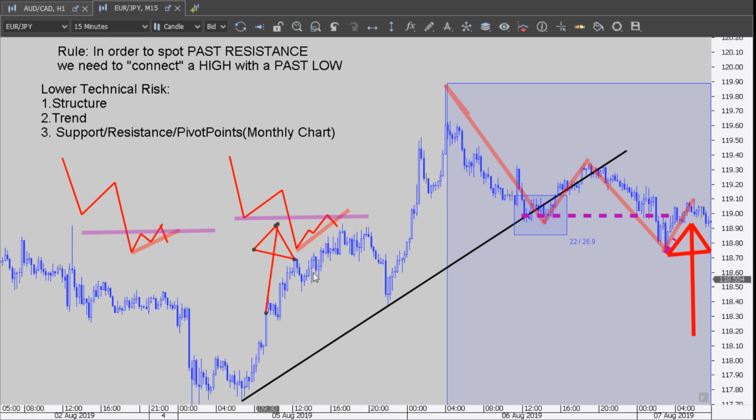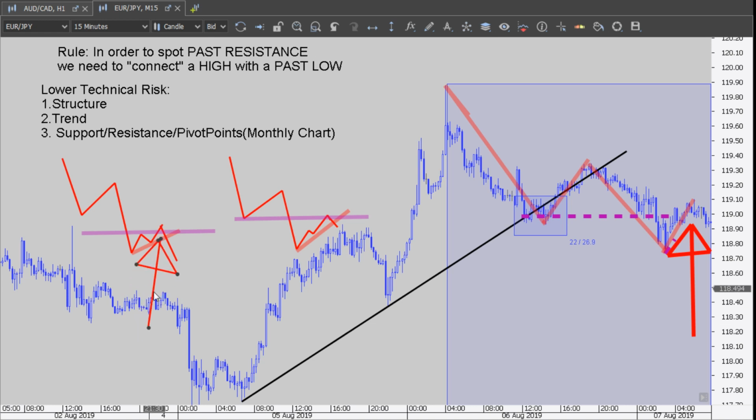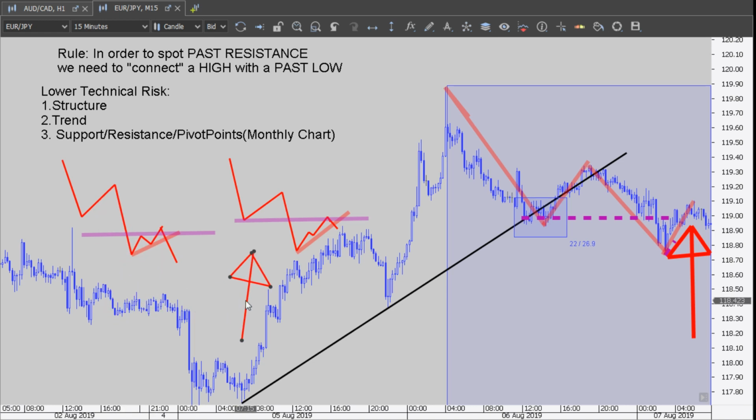I'm not saying that the left one could not work. Sometimes we are going to have a shallow retracement, but when we are talking about statistics and probability, the behavior on the right has the greater, better probability than the left.